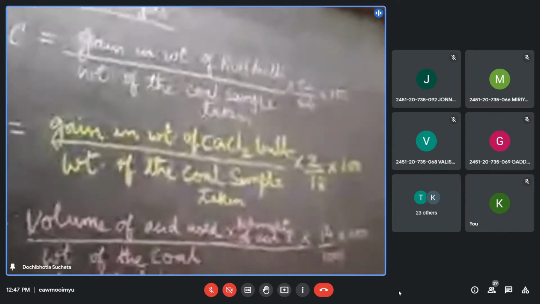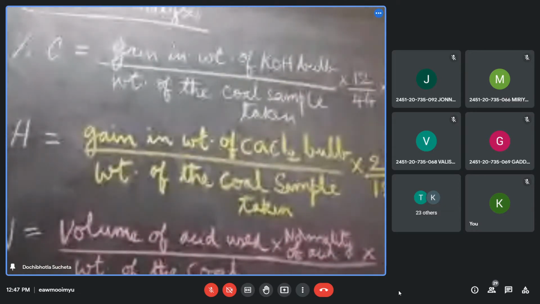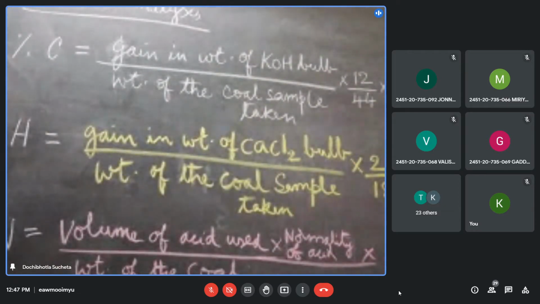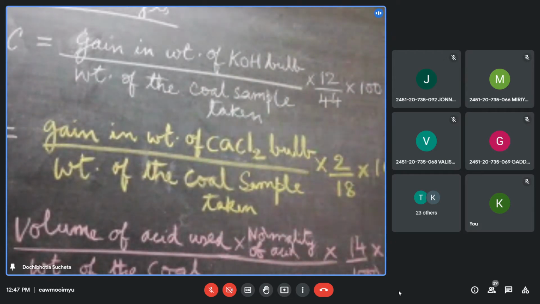Then the percentage of hydrogen is calculated using the formula. Please do write down. Percentage of hydrogen is equal to gain in weight of calcium chloride bulb by weight of the coal sample taken, into 2 by 18, into 100, where 2 is the molecular weight of H2 and H2O weight is 18. Hence, that is the difference.